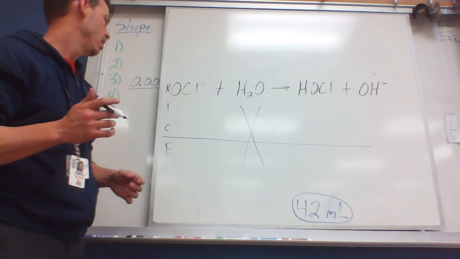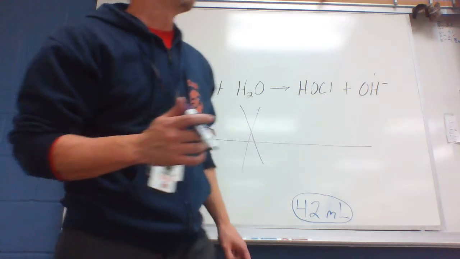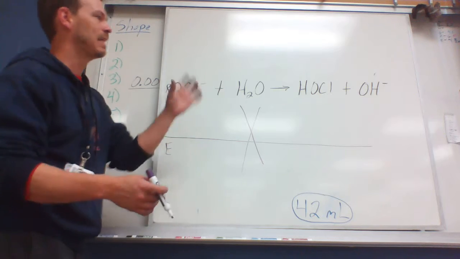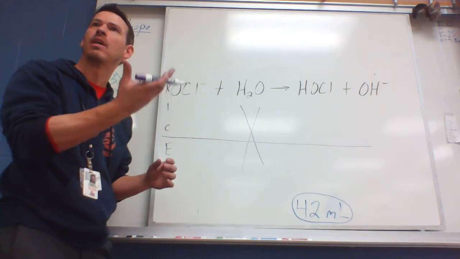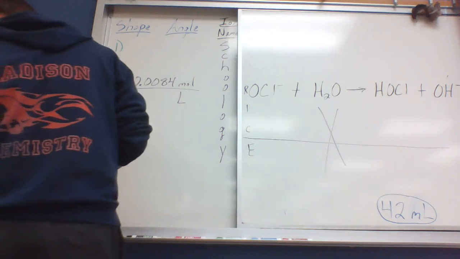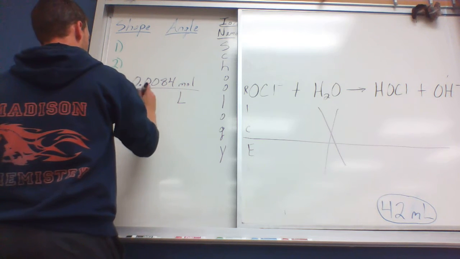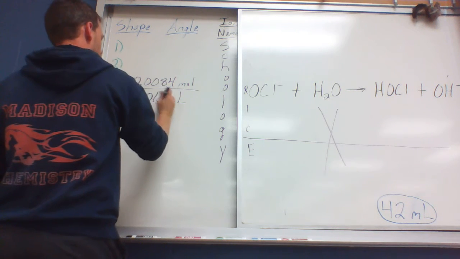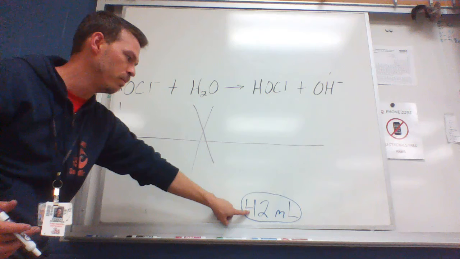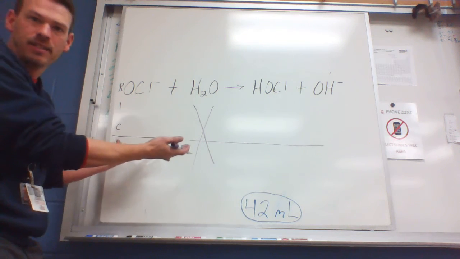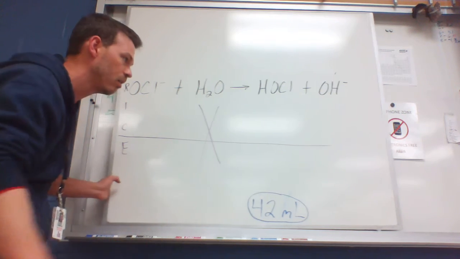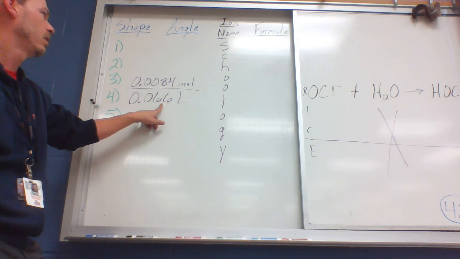All right? The 42 mils were the equivalence point, right? But that was added on top of the initial 24 mils that was in the beaker. So what is the actual liters that's in the beaker right now? All right, it's sitting there at 66 mils. Again, that 66 mils is the equivalence point, the 42 mils, which got us to this part of the problem, plus the 24 mils that were in the beaker when the problem started. 66 mils, all right?